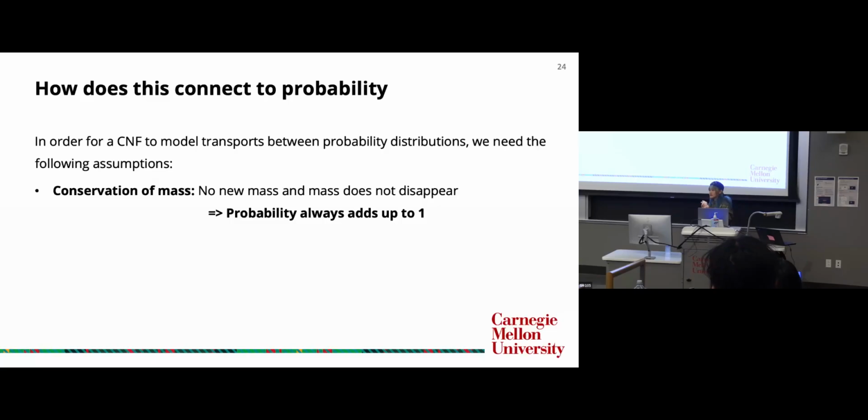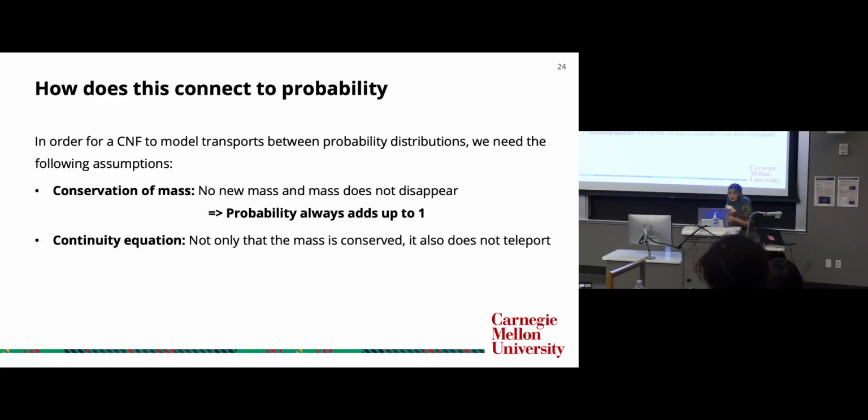Imagine that the wind carries a certain amount of water, and this amount of water never changes. No new mass is going to be added, and no mass is going to disappear. Translated into a probabilistic statement, it just means that the probability should always add up to 1, because otherwise it won't be a valid probability distribution.